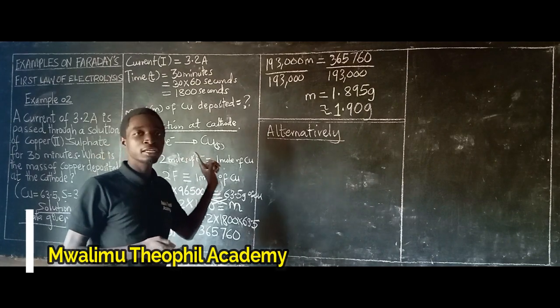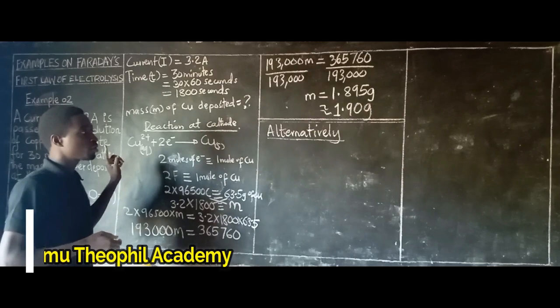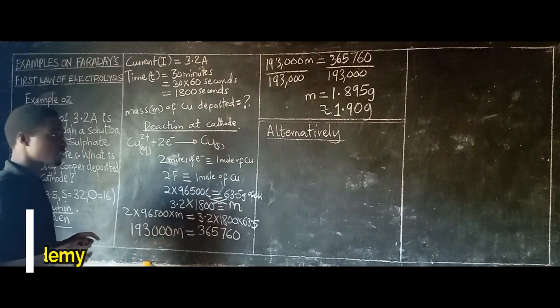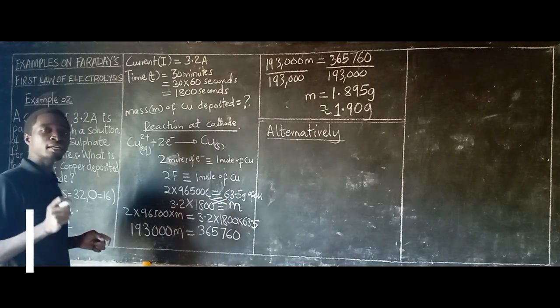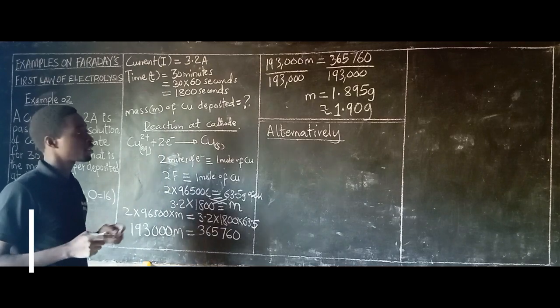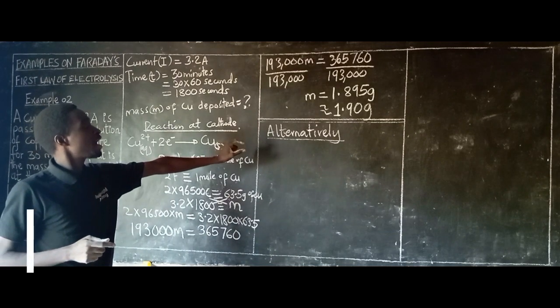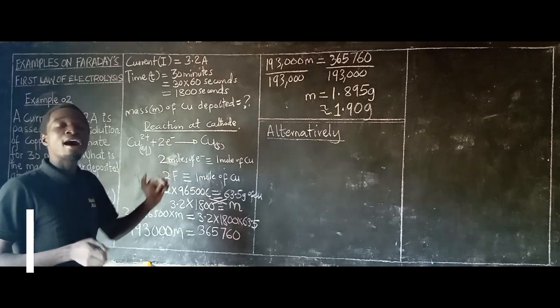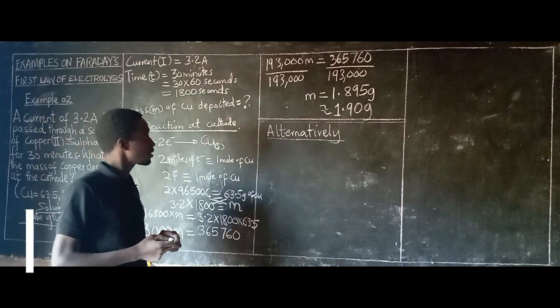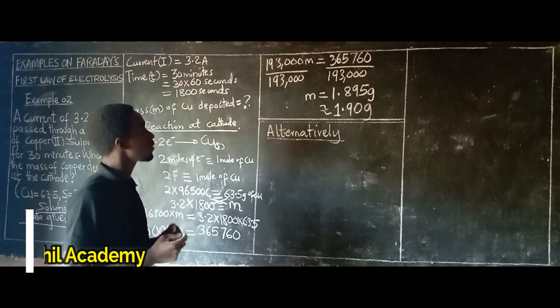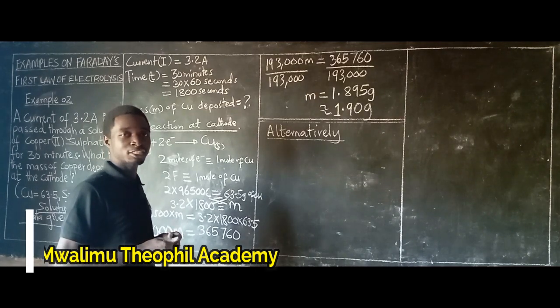But as I told you before when I started solving this, what is lacking in this question is the electrochemical equivalent. So we start by finding the electrochemical equivalent of copper. After getting it, we will be in the position of using the formula from Faraday's first law directly without any problem.